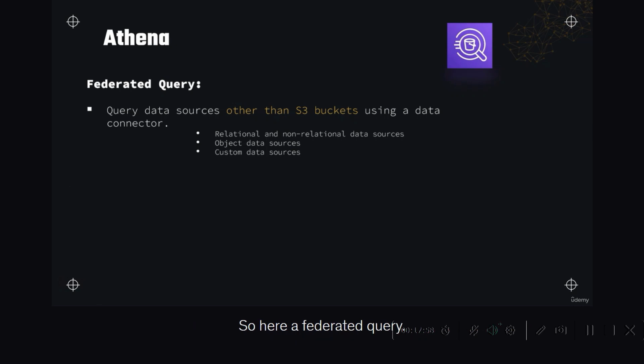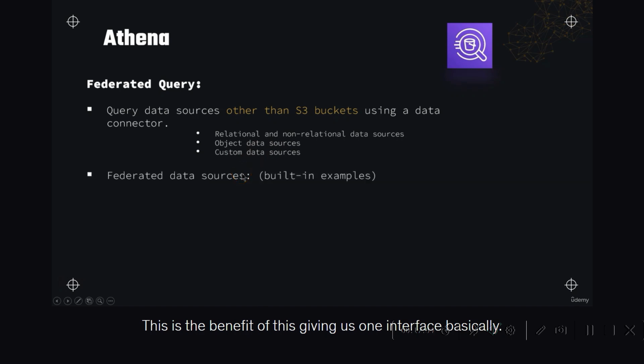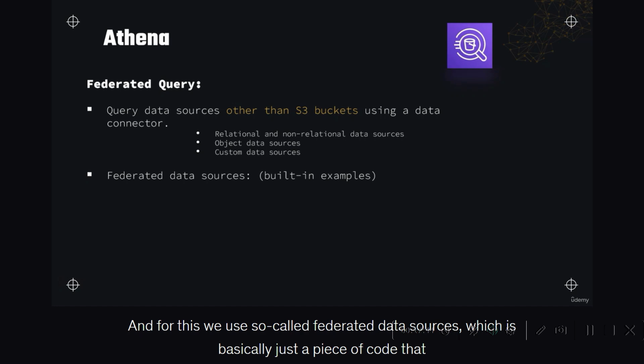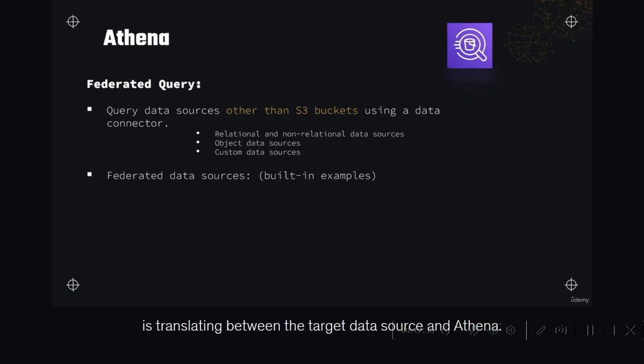So here a federated query, this is the benefit of this, giving us one interface basically. So in Athena, we just use Athena, and like this we can query data from different sources. And for this, we use so-called federated data sources, which is basically just a piece of code that is translating between the target data source and Athena.